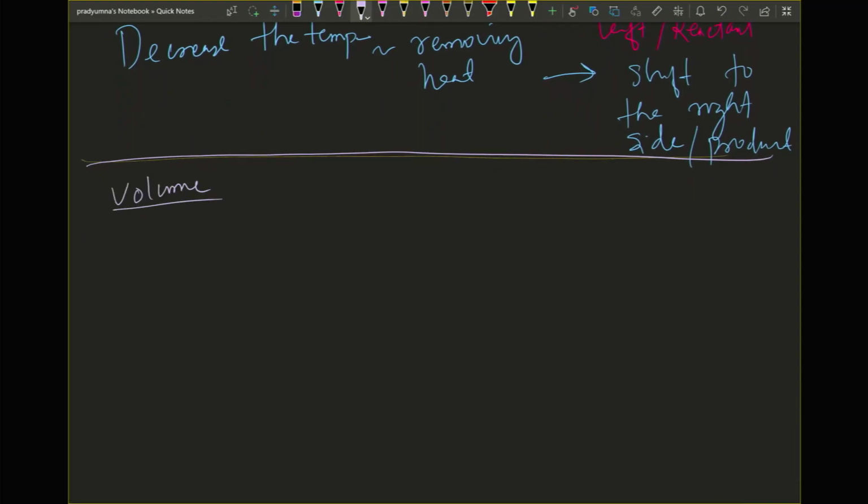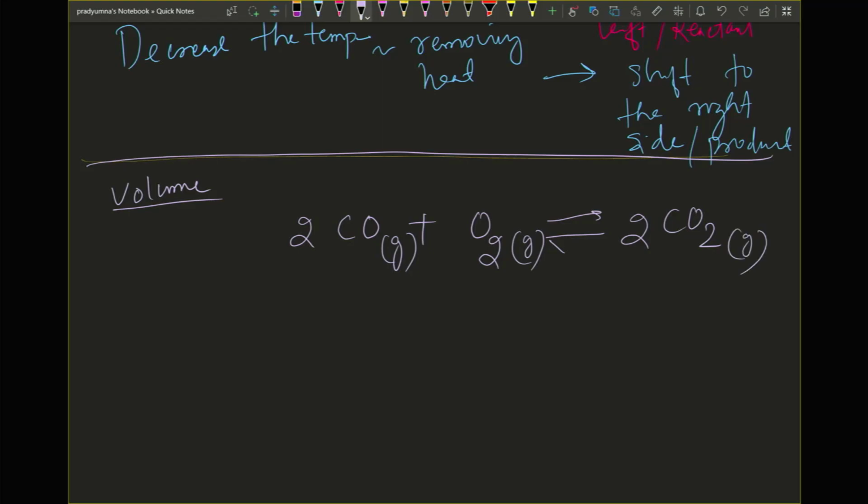Let's look at this reaction. 2CO, which is carbon monoxide, is reacting with oxygen to give you carbon dioxide. The equation is balanced. Okay, so these are all gases.